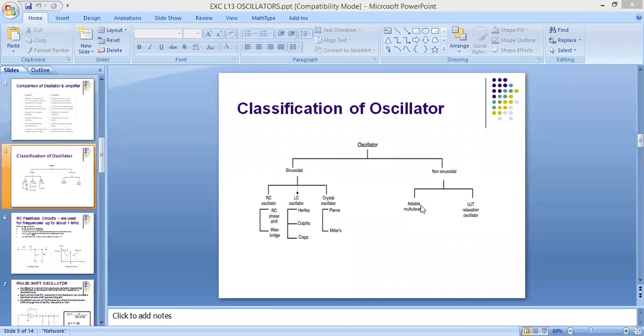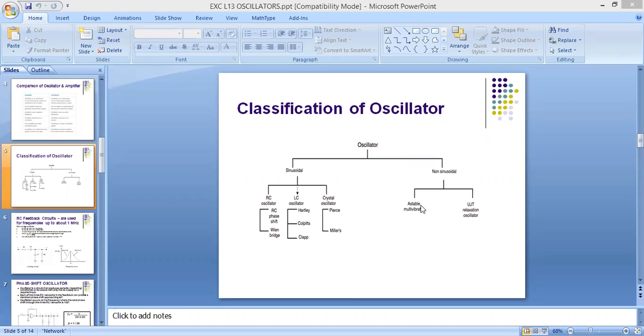Angle of A is the angle of the amplifier circuit, and beta is the feedback, so it is the angle of the feedback circuit. If the addition of these two angles is 360 degrees, then we can use the feedback amplifier as an oscillator.